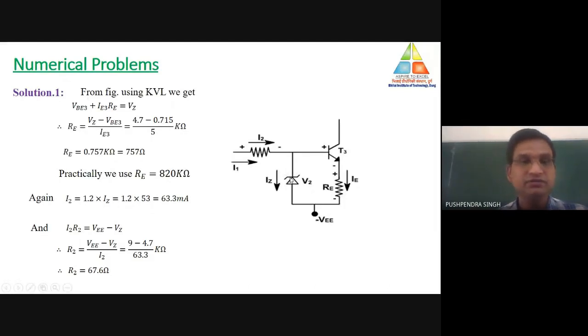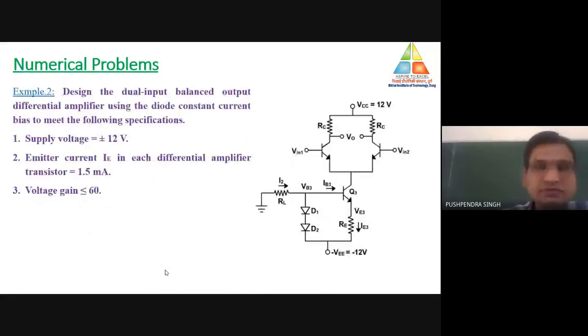So I2 into R2 is equal to VE minus Vz, and from there you can easily calculate the value of R2. This is how we may easily design any circuit: just start with the basic calculation with the help of the given circuit. Now question number 2.